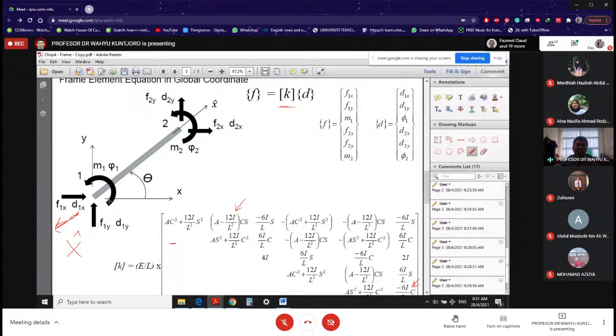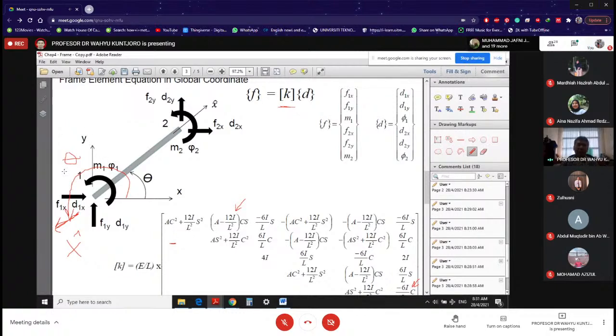So now the X local is from 2 to 1. Then that would be your theta. Look at now, the theta is going to be measured in that way. So the matrix K, the equations remain the same. Only now the theta that you are going to use for your cosine and sine is going to be based on that theta.